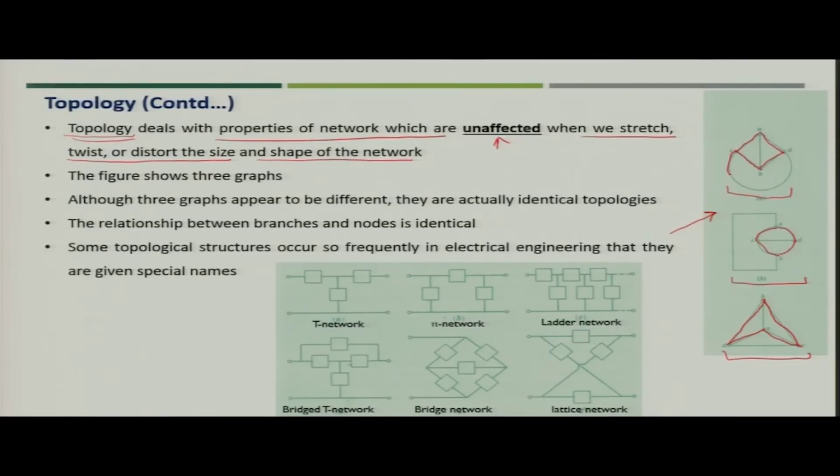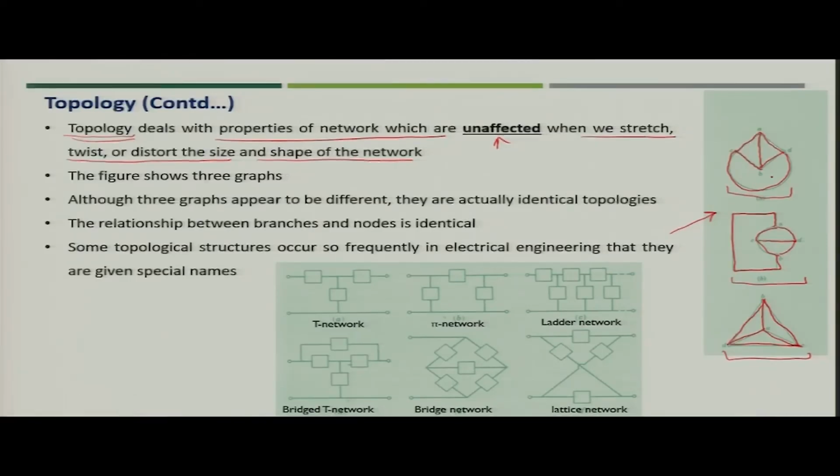Now, C is connected to D in this fashion, here in this fashion and here in this fashion. Finally, we are connecting A to B through a straight line here, here like this and similarly here. Since the connectivity information is the same, the topology is the same.